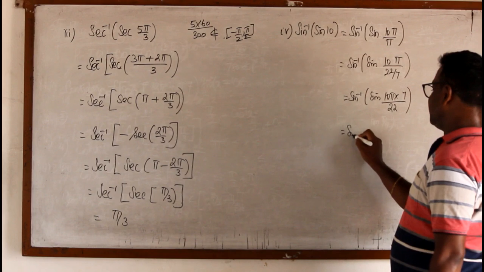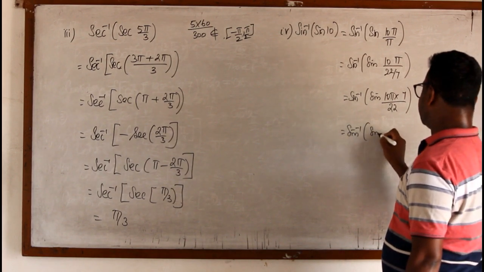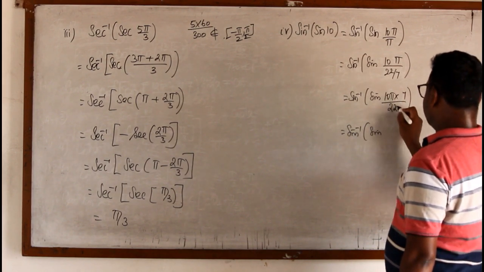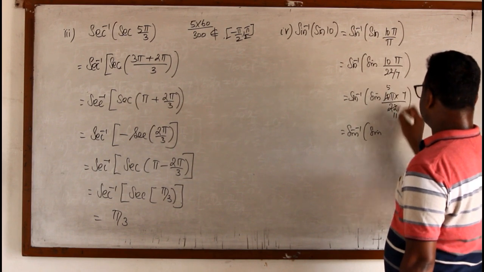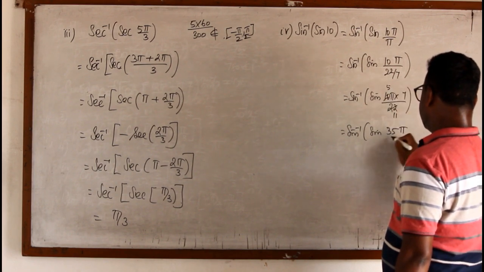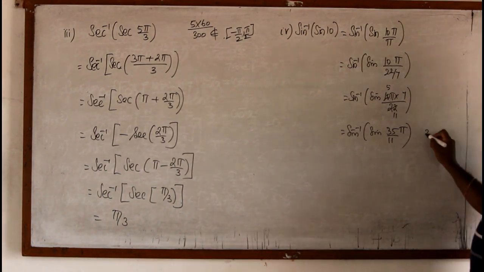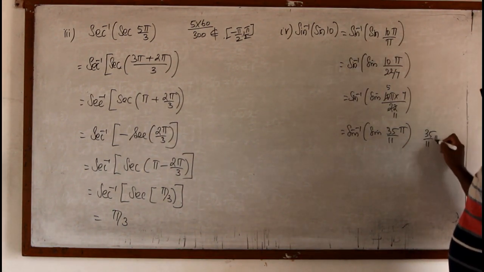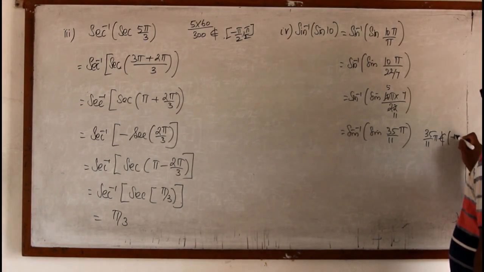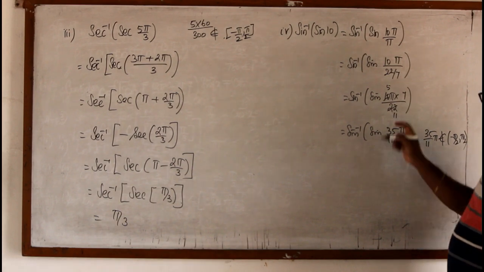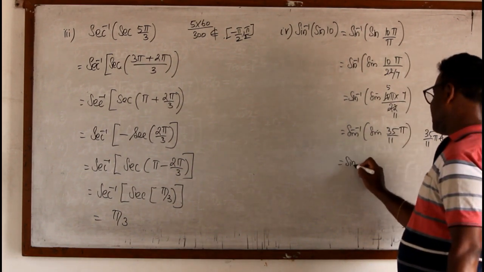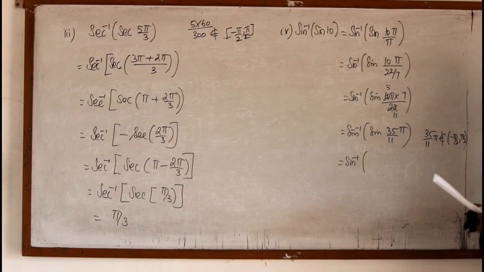When we simplify, it is sine inverse of sine of 35 pi by 11. 35 pi by 11 does not belong to minus 90 to plus 90 degrees. Therefore, we have to simplify this.